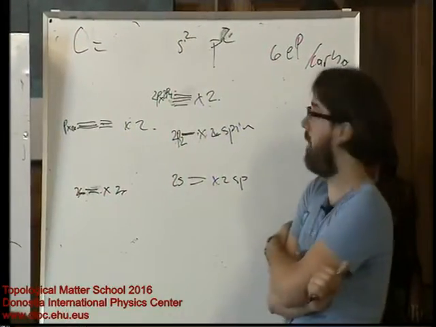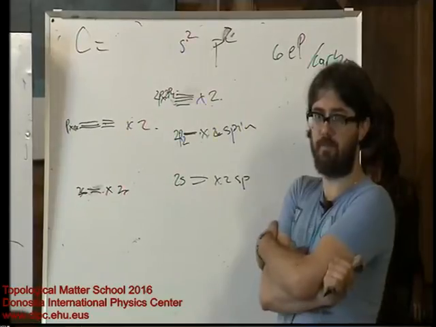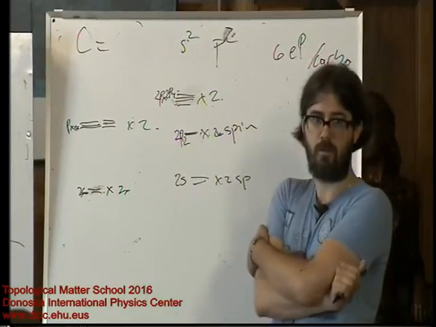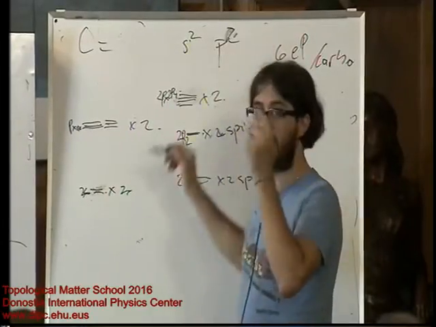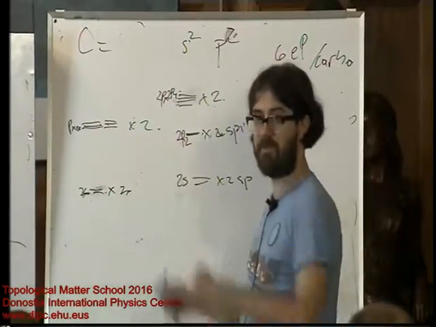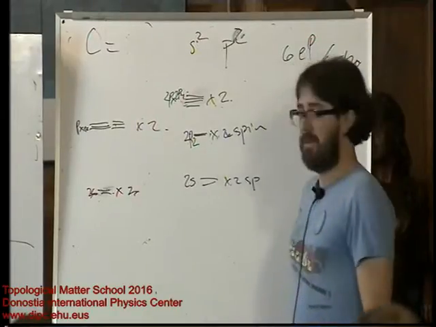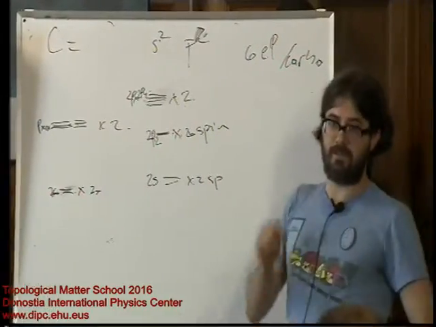How many electrons have I got in my system per unit cell? 2 plus 2 times 2, 8, times 2 for A and B positions. Where would the Fermi level sit?